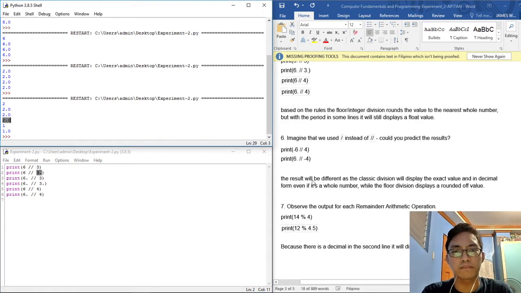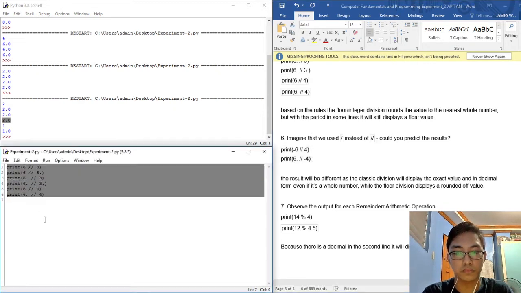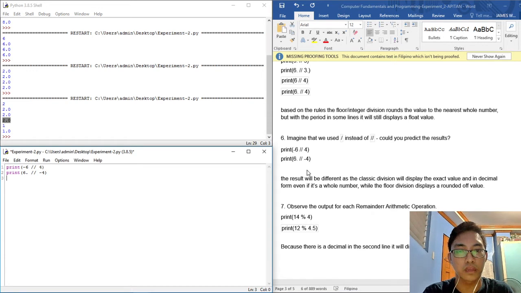Next will be to predict the results when we use this code there using a classic division, which is represented by the slash, instead of an integer division or floor division, which is represented as a double slash. So first, let's see what negative 6 divided by 4 will be.